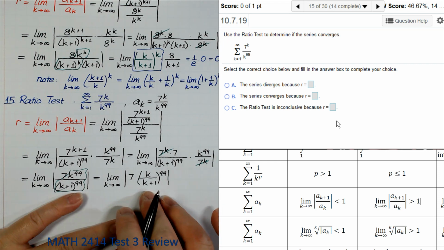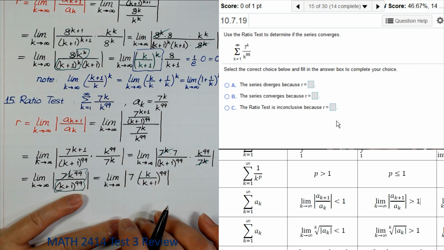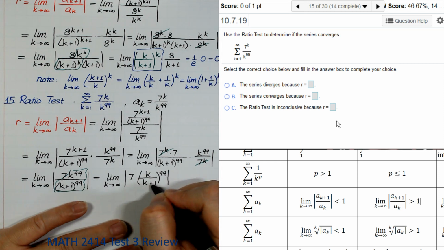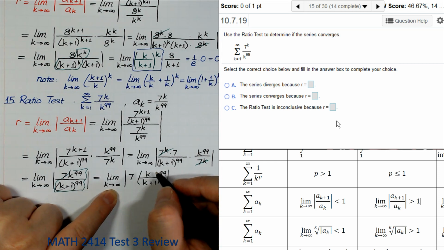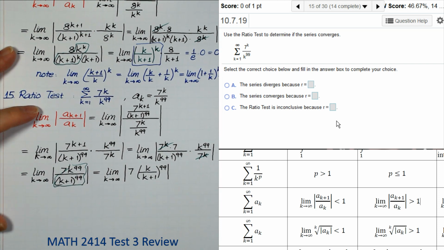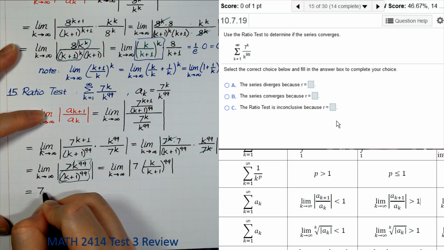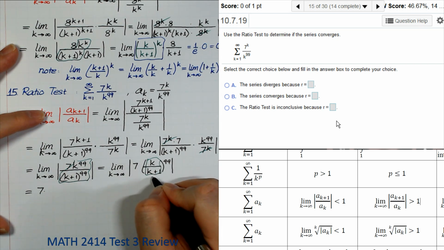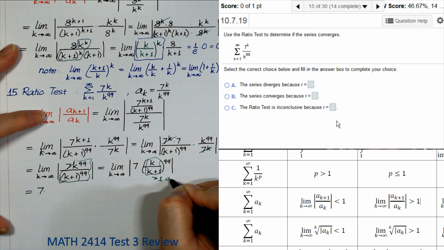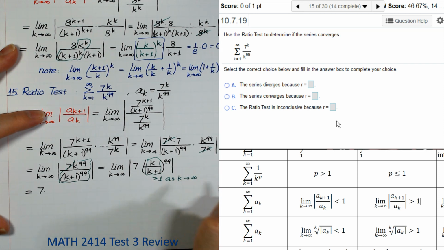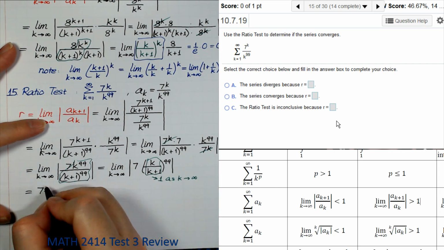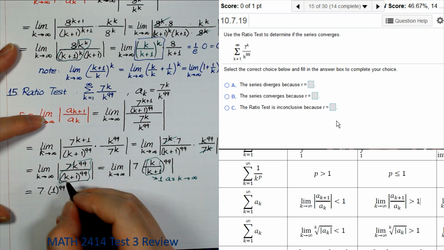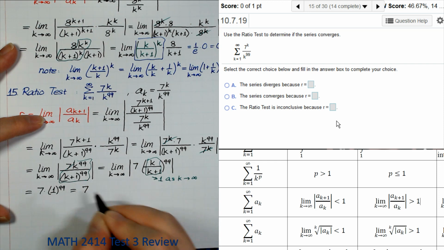Right, when k goes to infinity, k over k plus 1 goes to 1. So pretty much we will have 7, and the k plus 1 goes to 1 as k goes to infinity. So we have 1 to the 99 power, which is still 1. 7 times that is 7.